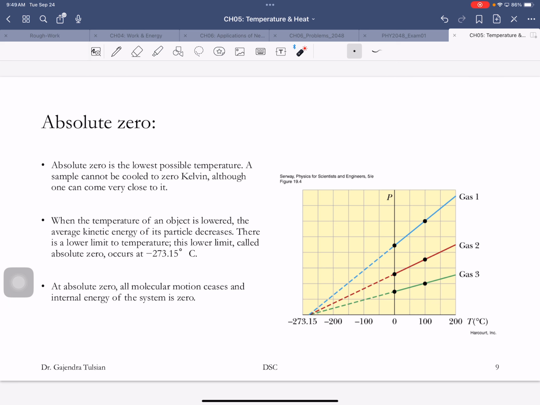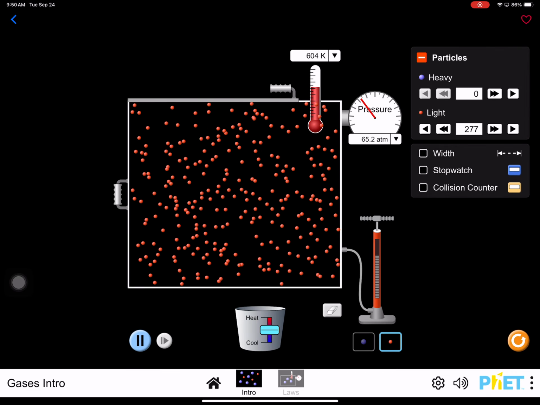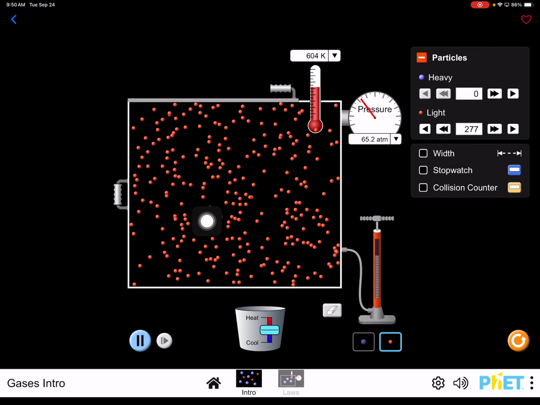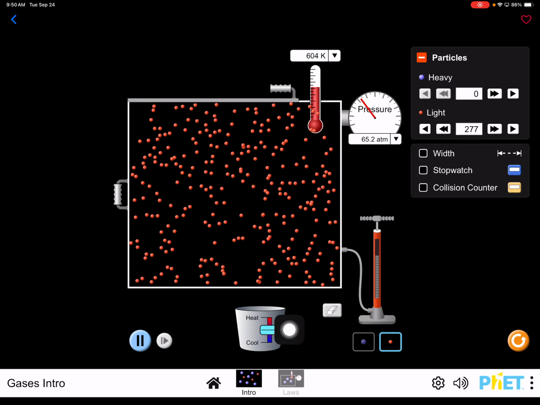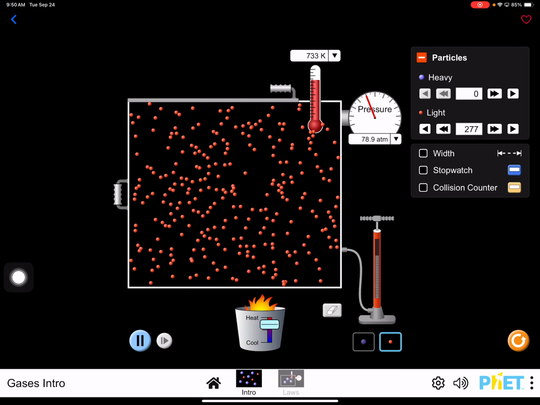Now we'll talk about absolute zero. Let's come back to this app. You can see that temperature measures the average kinetic energy of these molecules. When I warm the gas up, the gas molecules move faster.